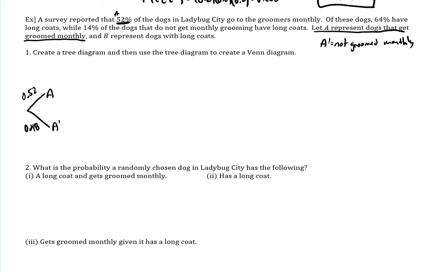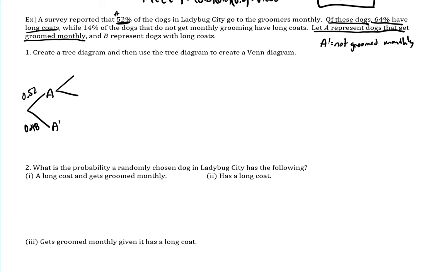And then afterwards, it says, of these dogs, so they're talking about the ones that are groomed monthly. Of those dogs, 64% have long coats. So it's saying from here, of A after that, now we're setting up our other branch. Then they're talking about the long coats.